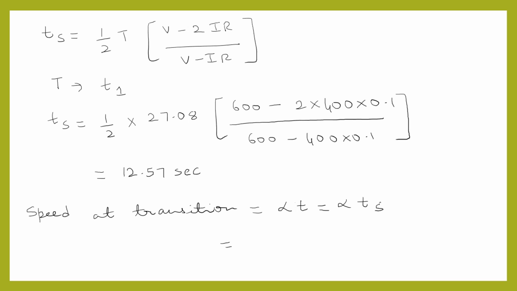We have alpha value 1.44 and Ts is 12.57. So we get the speed at transition as 18.1 kilometer per hour.